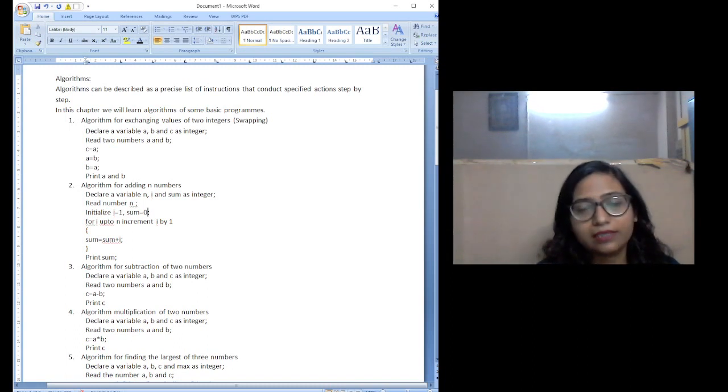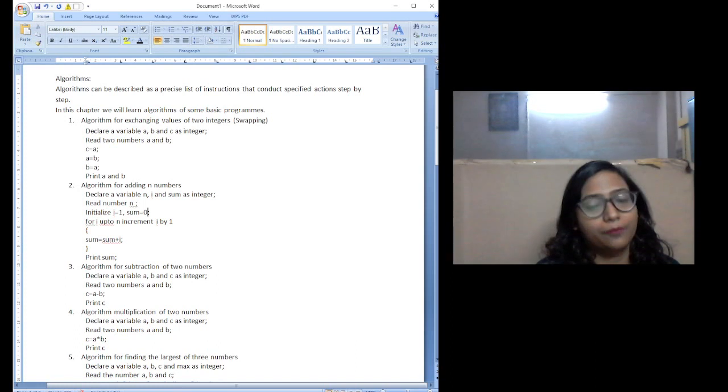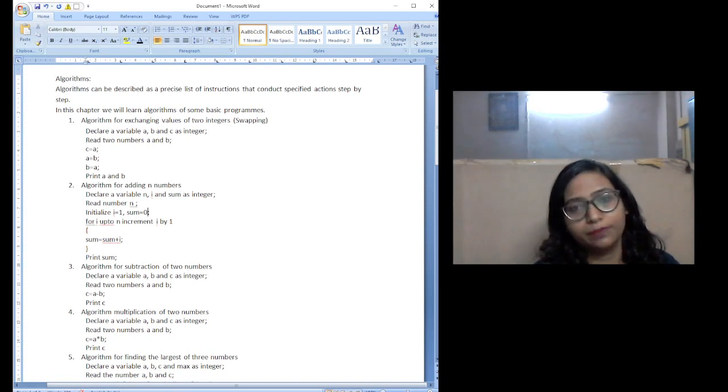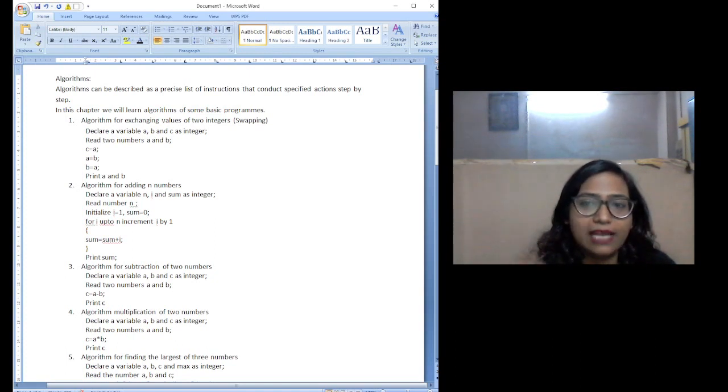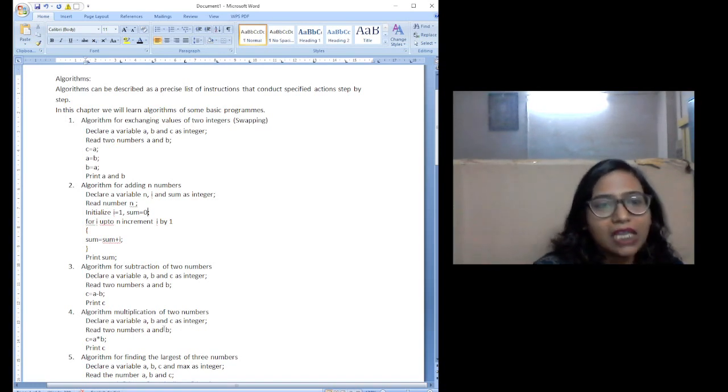And algorithm describes the step-by-step instructions for how the program should be written, but in a high level language. Okay, so algorithm is written in something like your English. So no particular programming language I'm talking about here. I'm just talking about algorithm which can be converted into any kind of programming language.